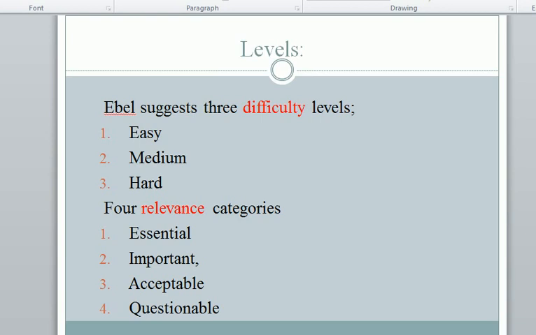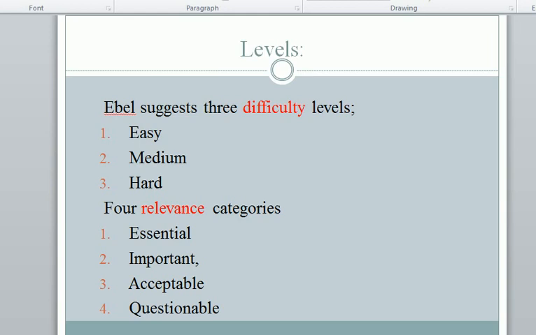And the next one is medium level of difficulty. And the third one, hard level of difficulty. If out of 100 only 30 students respond correctly in a test, the item difficulty level of the test will be 70%.